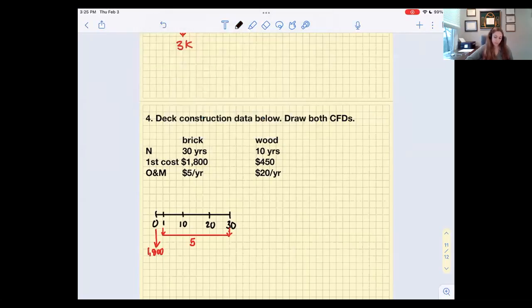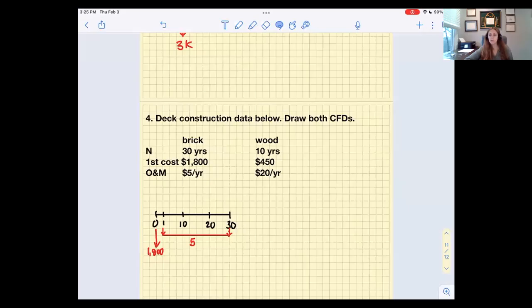So here's the thing. We're trying eventually to decide which deck we should buy, the brick deck or the wood deck. Now, the wood deck only lasts 10 years, whereas the brick deck lasts 30 years. The brick deck costs more in first cost, but it is less maintenance, so it's hard to tell. In order to make a decision comparing brick and wood, when we draw the cash flow diagrams, we have to be comparing apples to apples.